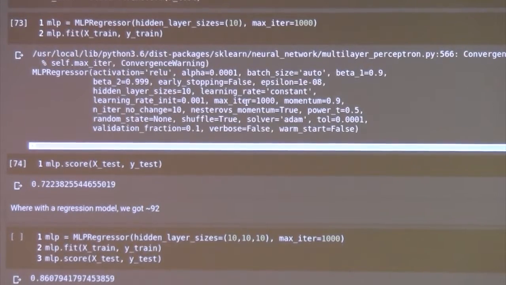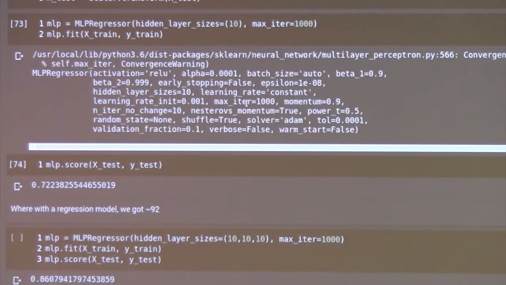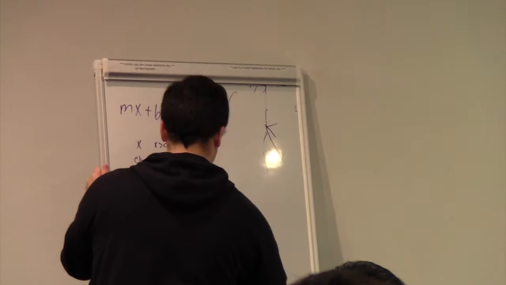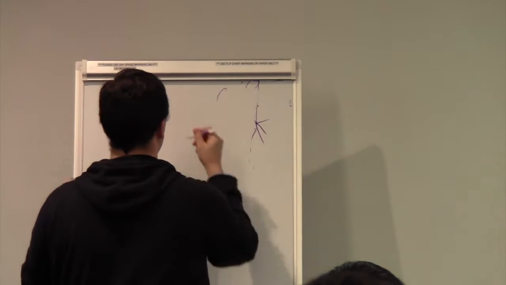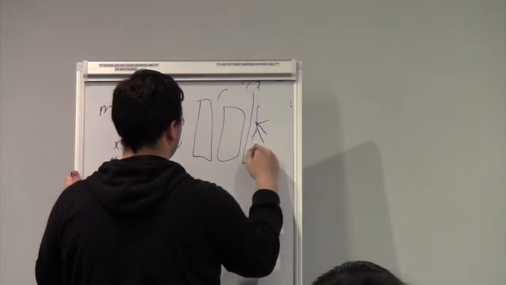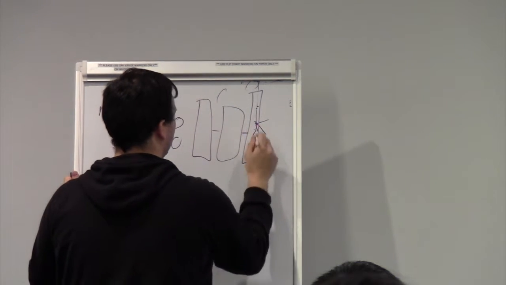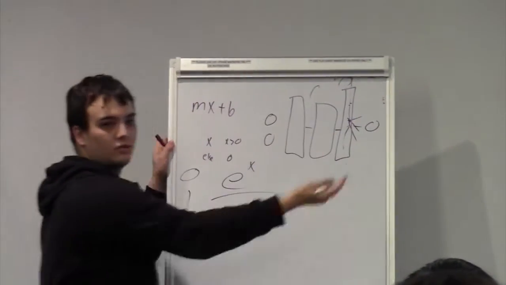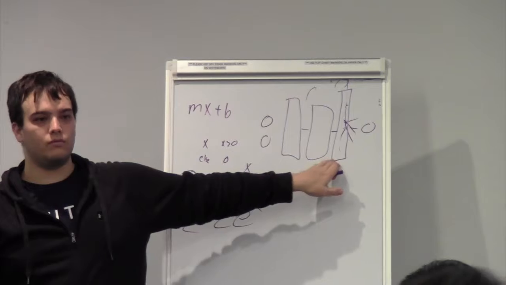So what we can do with this is we can change the size of the layers. We can change the number of the layers, and we can effectively add this to make it look more like this.